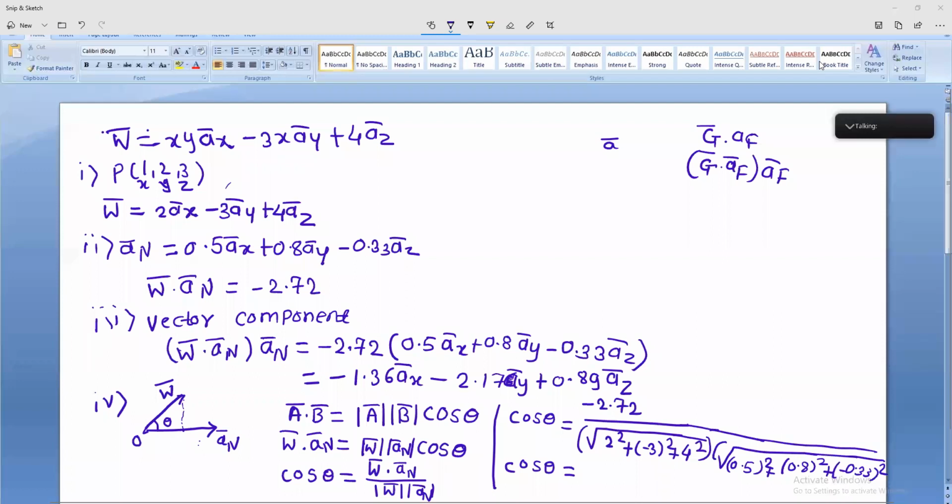Yes, answer is cos theta is equal to, are the others solving the example or not?